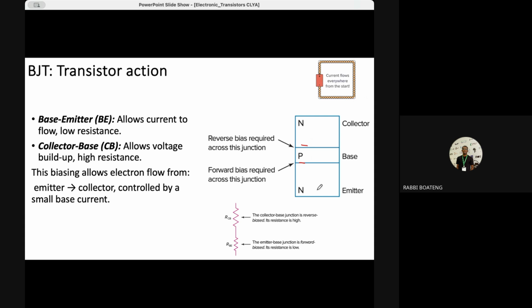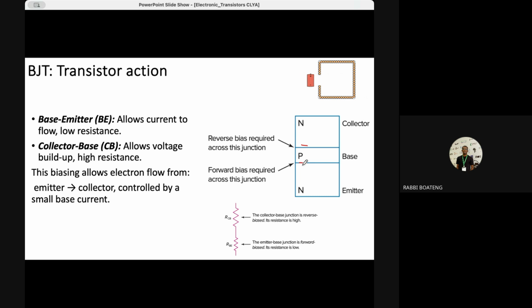But because of the doping effect, electrons tend to cross through all these. Now let's look at something here. If we have a junction like this, for a forward bias, we all know that it allows current to go through easily, right? Very good. And there's very low resistance in there.